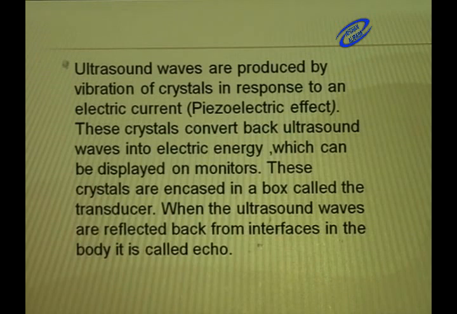When high voltage electric current passes through these crystals, they convert this electrical energy into sound energy, and these sound waves are high frequency sound waves which are passed into the human body. Within the human body, these sound waves are reflected back, are caught up again by the transducer, which converts them back into the electrical energy, and this reflected ultrasound wave, which is known as echo, is displayed on the monitor of the ultrasound machine in the form of images.